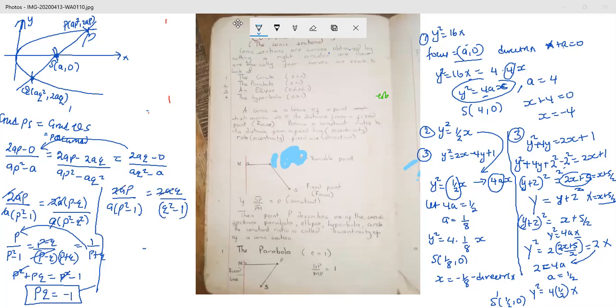The 2A would die with this one. Then you'd get PQ squared minus P is equal to P squared Q minus Q.